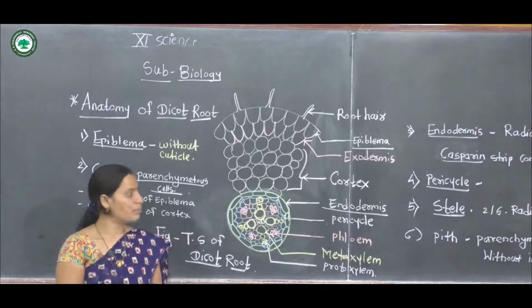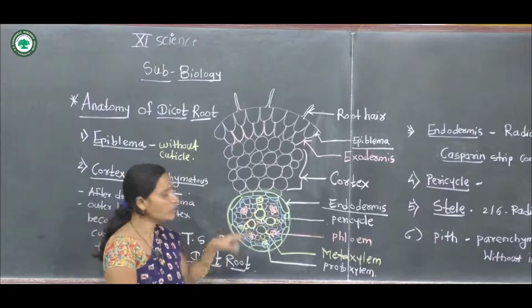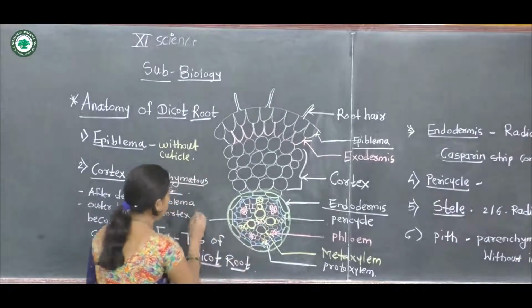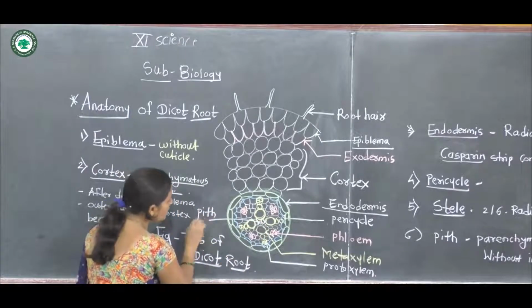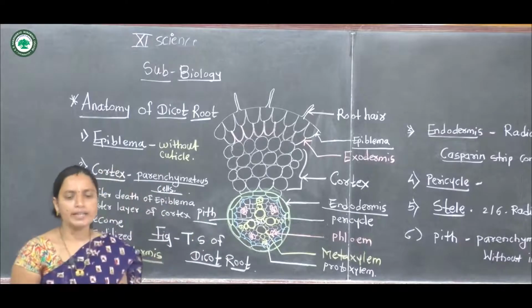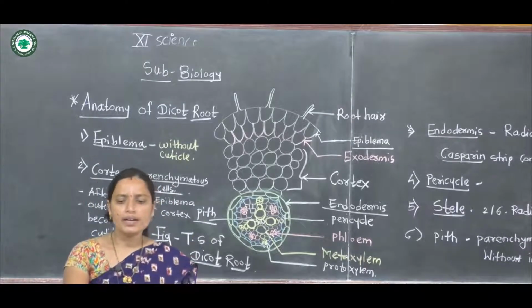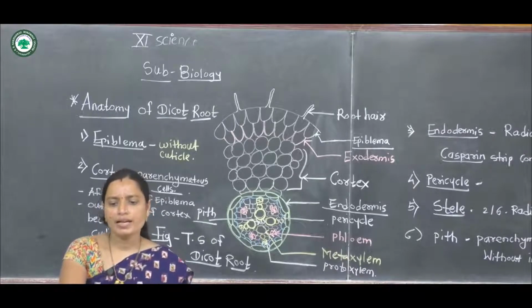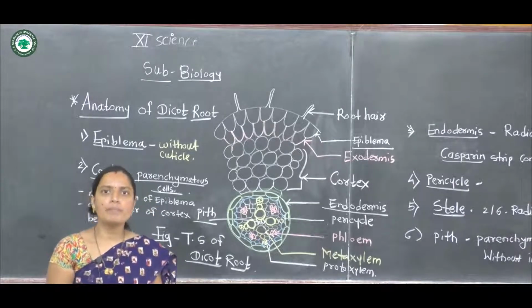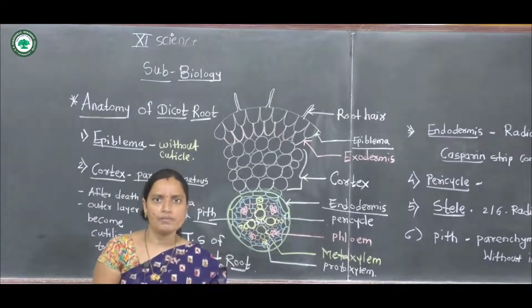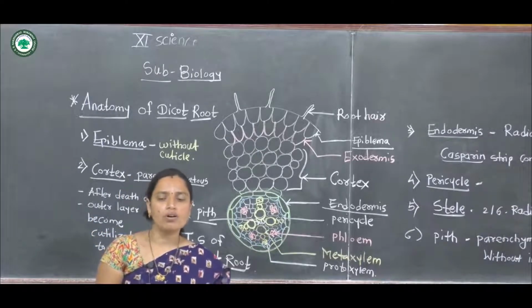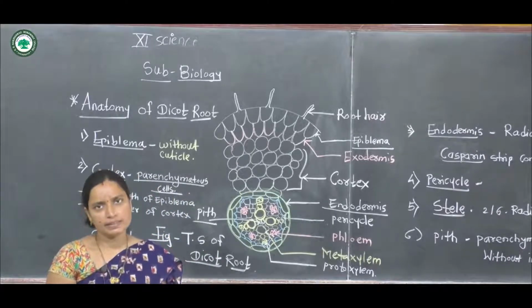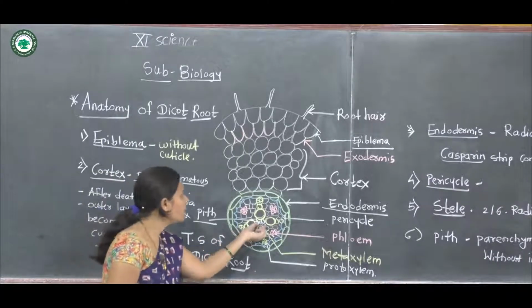The next important part, in the center, is the pith. In the tiers of the dicot roots, the central important part is the pith, a narrow cavity, and this pith has parenchymatous tissues in the center, with no intercellular spaces found.